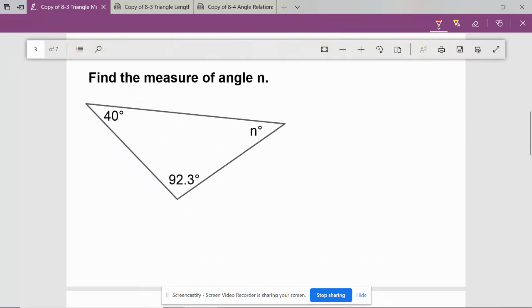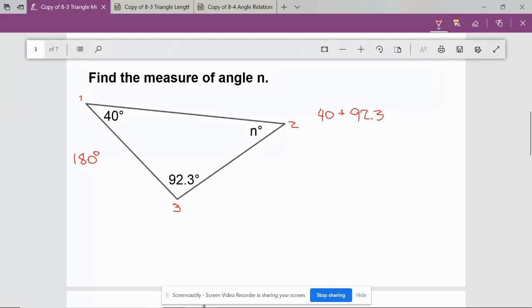So if we take this triangle, we know that all three of these angles, 1, 2, 3, all have to add up to 180 degrees. Okay, so we understand that. So what do we know? Let's put down what we know. We have a 40-degree angle, and we add that to 92.3, we know that one.